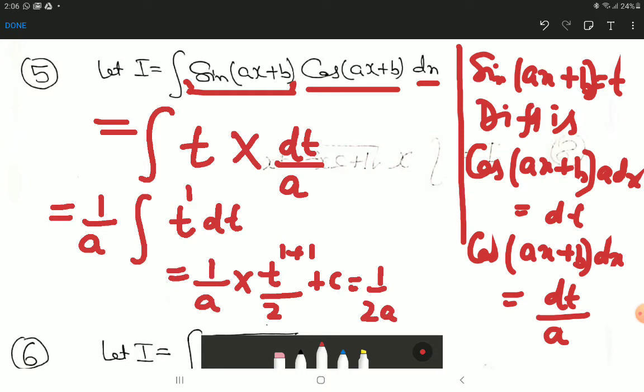t square, who is t? Sine of ax plus b. So sine of ax plus b whole square. I am just writing it again, a little bit congested it has become.